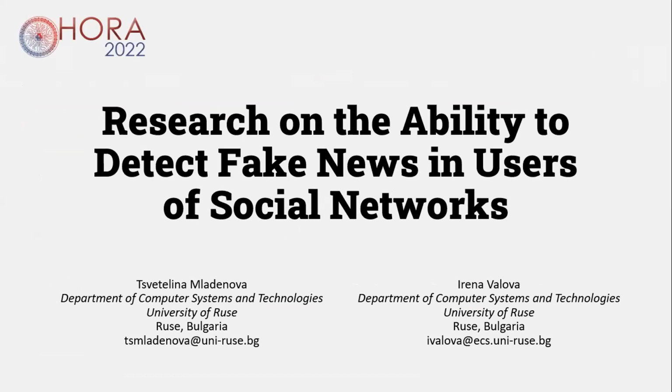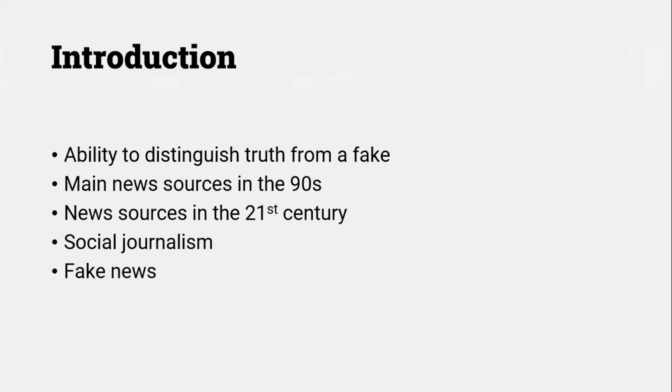Okay. This paper is research on the ability to detect fake news in users of social networks. The ability to distinguish truth from fake is knowledge that people acquire through experience and age. From a young age, children are taught to spot lies and deception. For decades, people have been able to recognize lies in general.